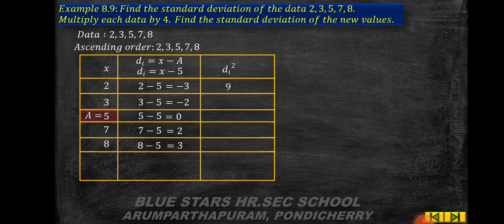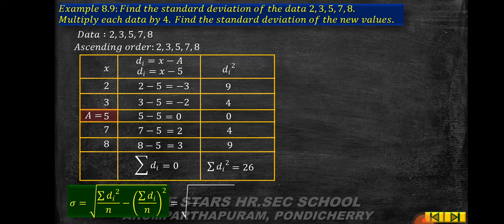So di square: minus 3 square is 9, minus 2 square is 4, 0, 2 square is 4, 3 square is 9. Then summation di is equal to 0, summation di square is equal to 26.